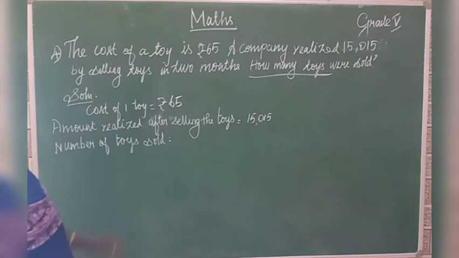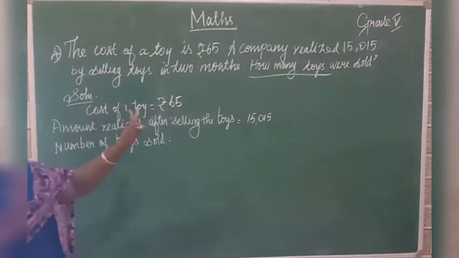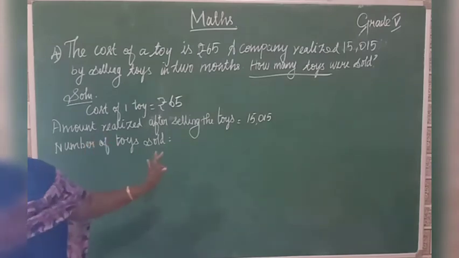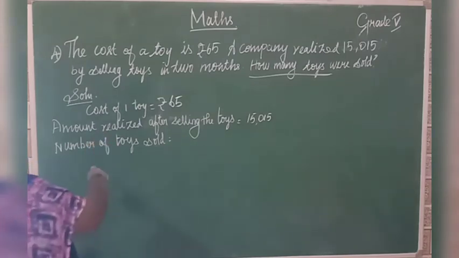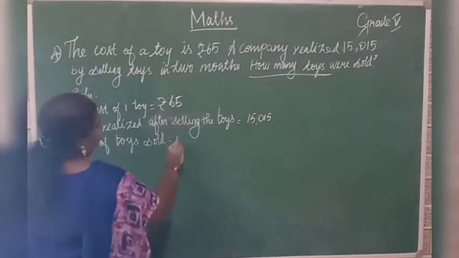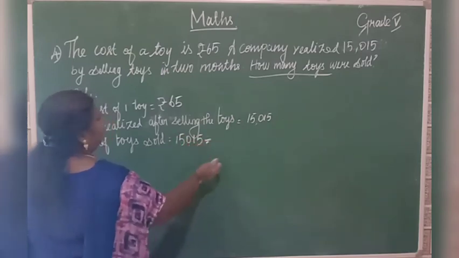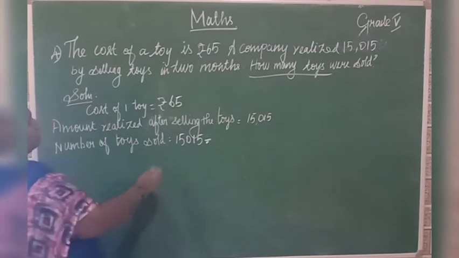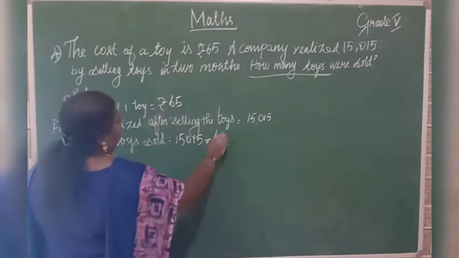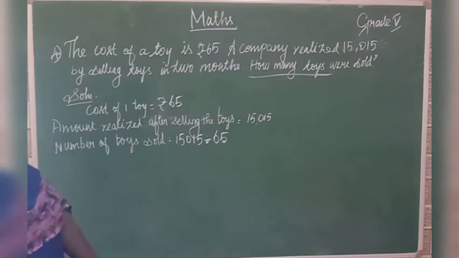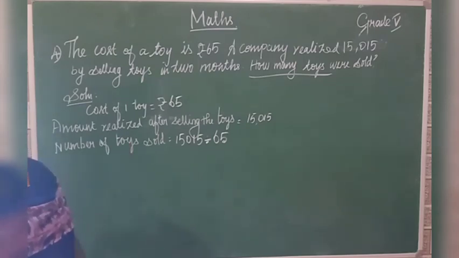So what do we want to find? We want to find how many toys were sold. That means the number of toys sold. 15,015 divided by the cost of one toy, 65. Then we divide that value. Then we will know how many toys were sold in 2 months.